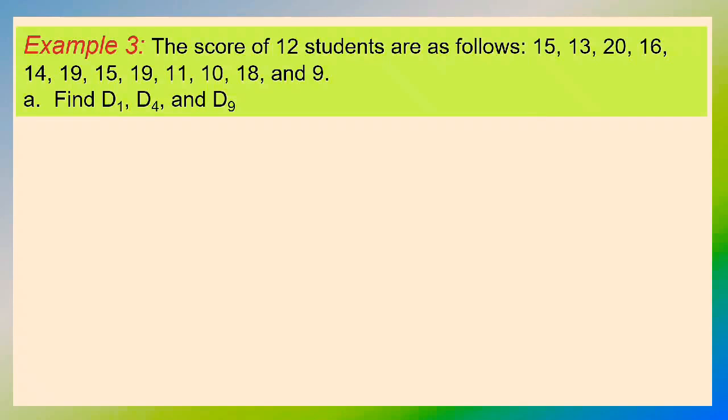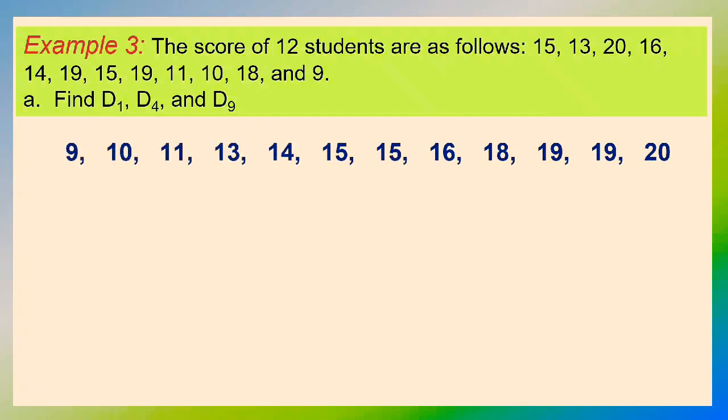So it's up to your instructor or your teacher what method you are going to use to identify the positions. In this case, we are going to arrange the data in ascending order, and afterwards we are going to use the formula for the decile as shown on your screen.